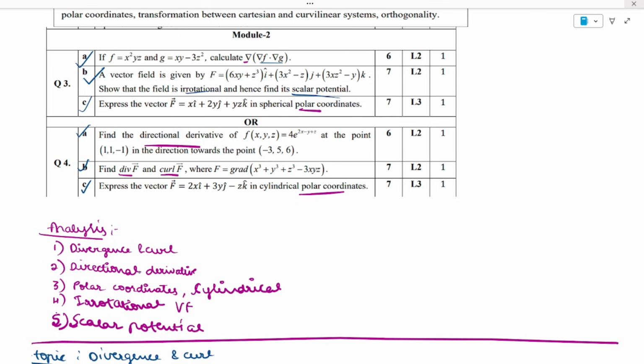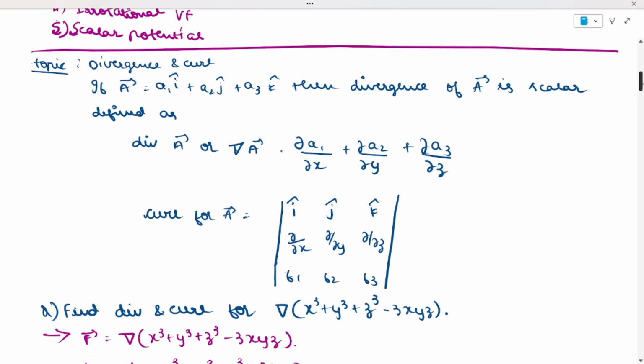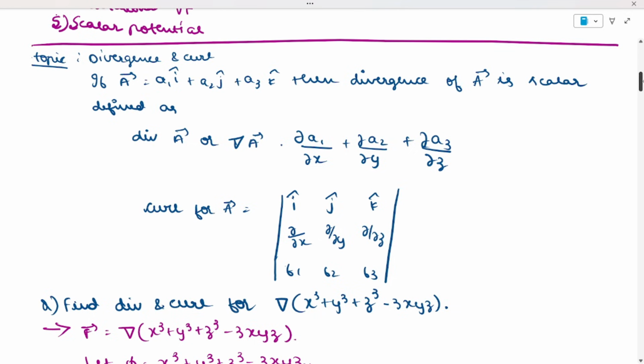You can see here directional derivative, divergence and curl, spherical polar, and cylindrical polar also have included. Next is about the irrotational and scalar potential. Almost everything which is present in the model paper and the syllabus copy, which is being repeated, I have included. First let's discuss divergence and curl.